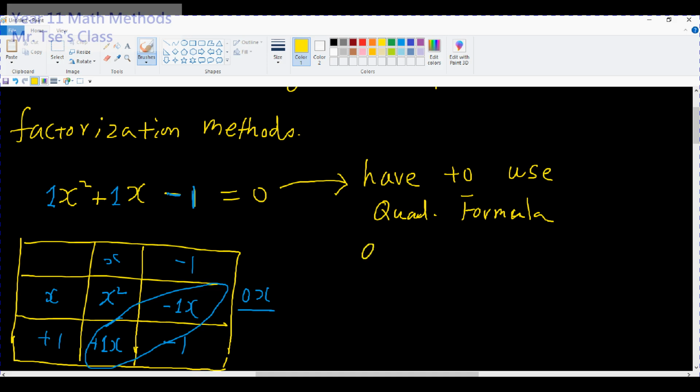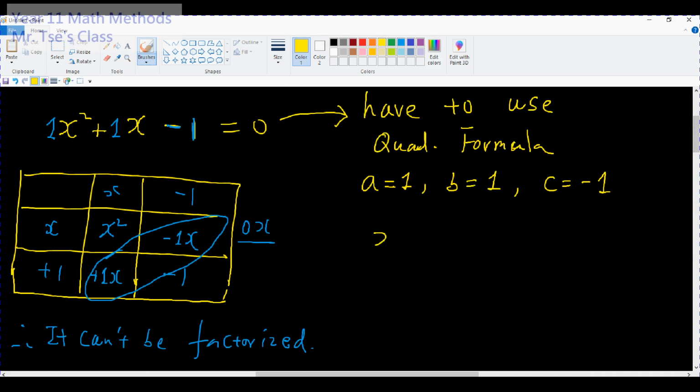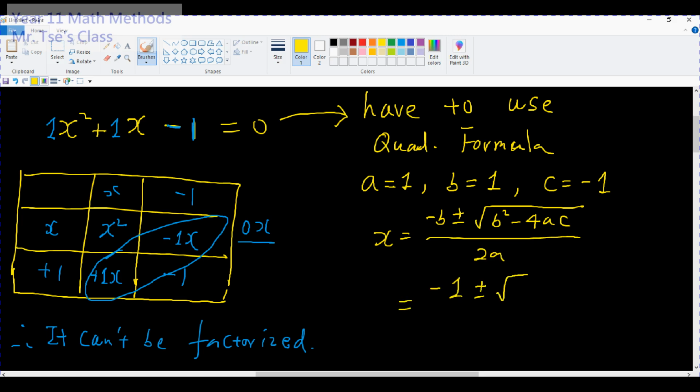So the constants A, B, and C are A equals 1, B equals 1, C equals -1. And you can use that formula. Let me write that formula again. Minus B plus minus square root of B squared minus 4AC, divided by 2A. So -1 plus minus the square root of 1 squared minus 4 times 1 times -1, over 2 times 1.